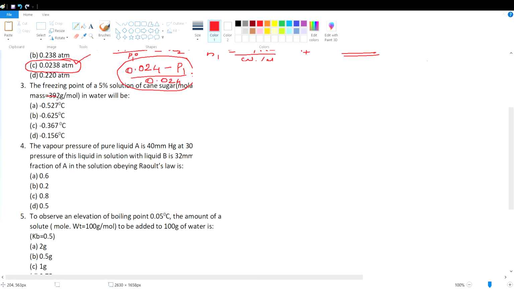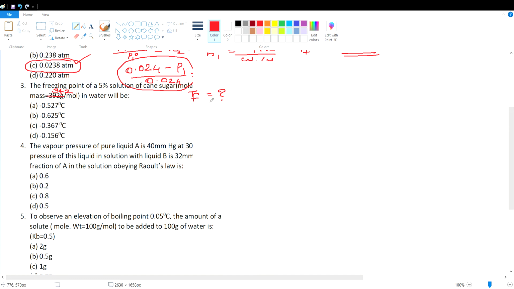It's not 392. Molar mass of cane sugar is not 392, 342 gram. So this is a similar question of the first one. The freezing point of the solution we need to calculate. That is Tf of sugar solution we need to calculate here.